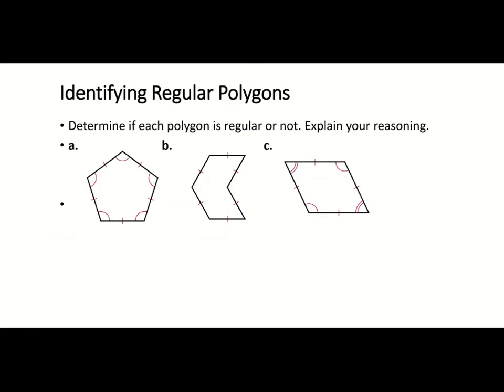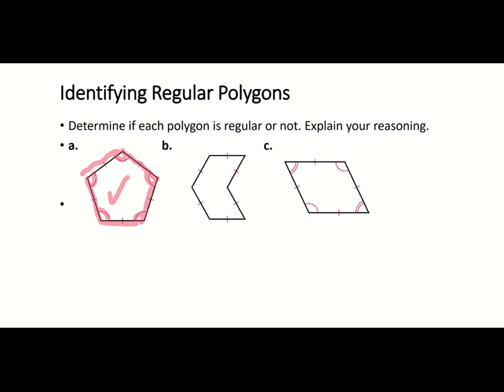All right, so here we have 3 polygons, and we want to determine if they are regular. Again, remember, regular means that all angles and all sides will be the same. I look at A, all 5 of my sides, and sorry, I'm not a very great drawer here, are marked the same length, and all 5 angles are the same. So A is, yes, a regular polygon.